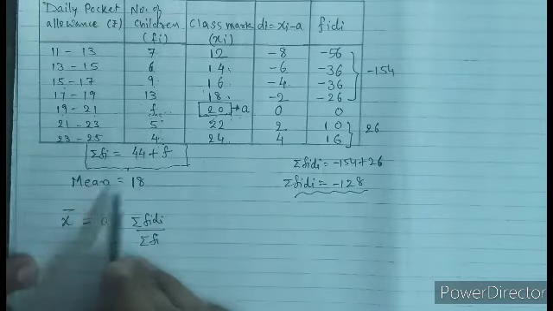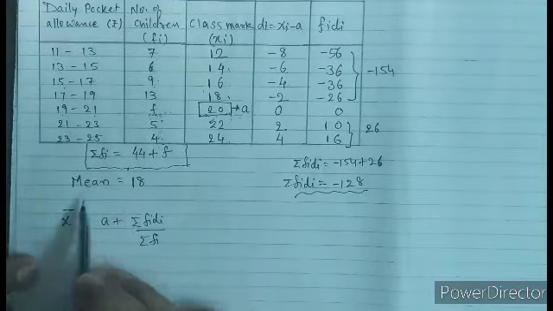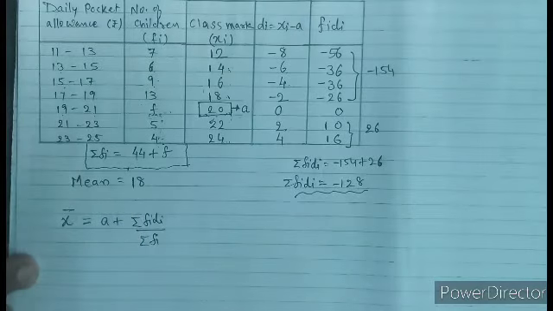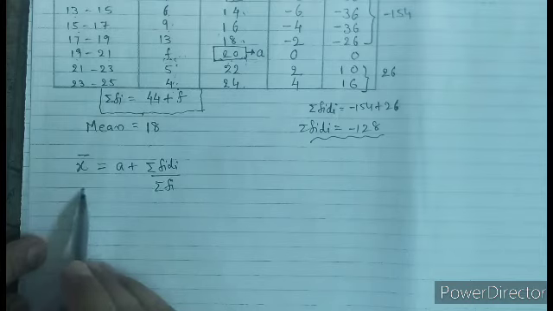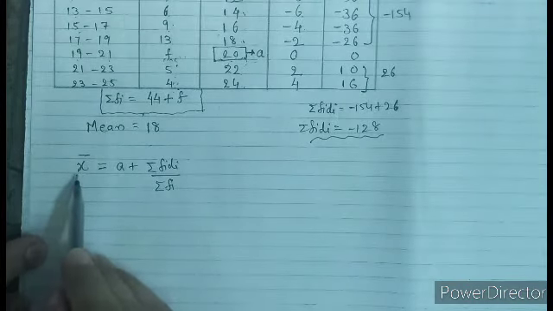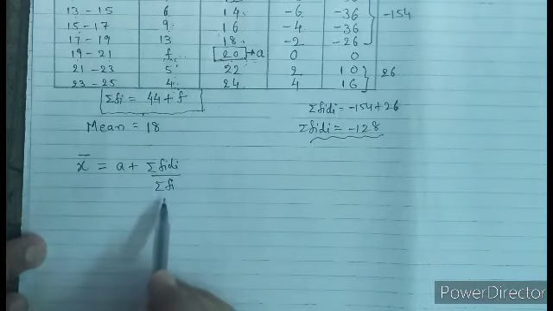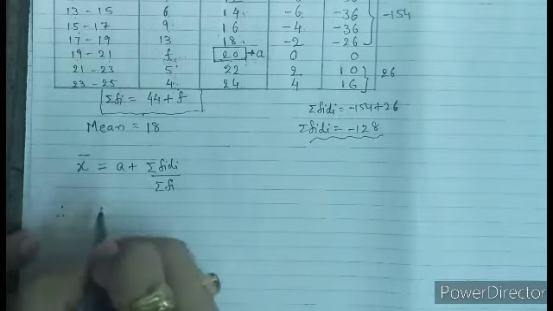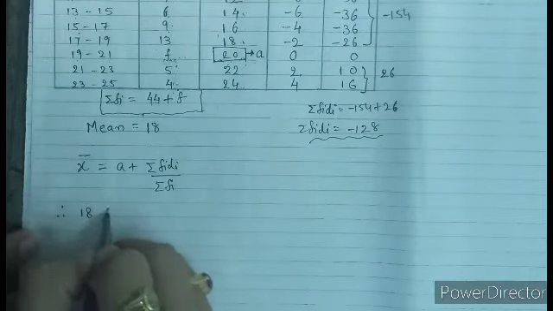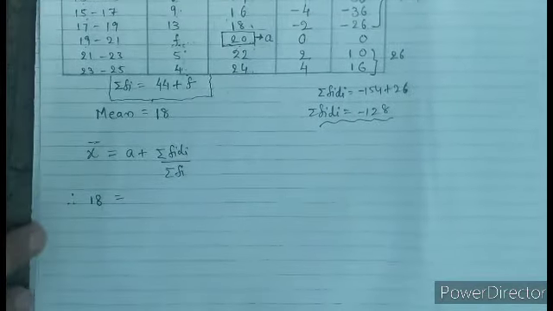Now the mean of this data is given as 18. So we will write here mean equals 18, and as we have to solve this sum by the method of assumed mean, I have written the formula to find mean. It is x bar equals a plus sigma fi di upon sigma fi. Here x bar equals 18. So I'll write here 18 equals a, assumed mean.